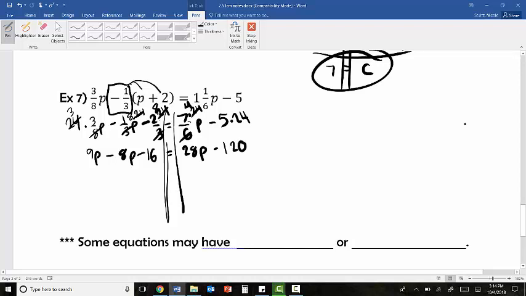I would probably do 9 minus 8 and just get that out of the way. I always try to get down to 2 things per side. And then we just go through and solve it.